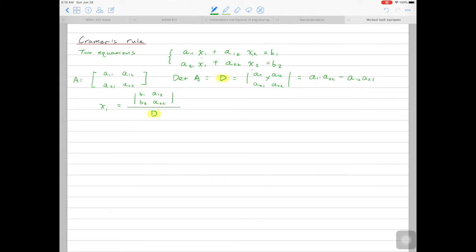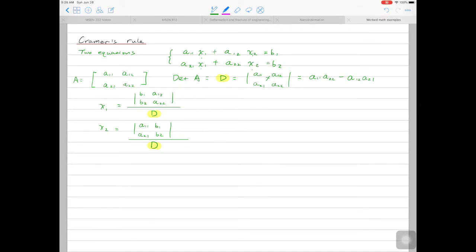For x2, the solution is the determinant of the matrix A11, b1, A21, b2, divided by D. Again, the D is the same. So by knowing the determinants of these matrices, we can solve x1 and x2.